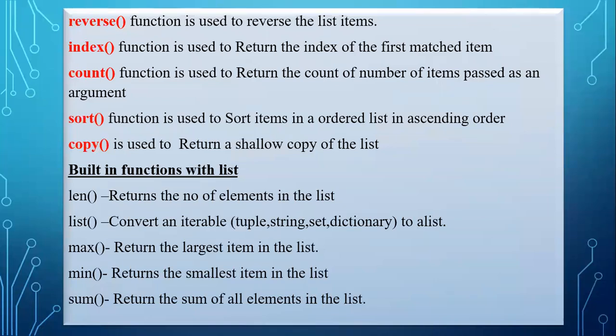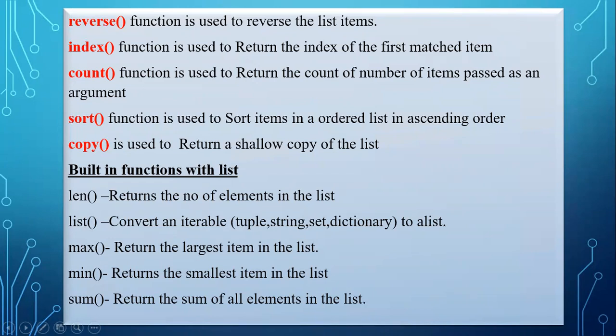Okay. And these built-in functions with the list also, yesterday I showed you. We have the len function, list function. This is the typecasting function for the list items. So if you want to change a list into another type, or if you have an integer value that you want to change into list type, then we have to use this typecasting function.